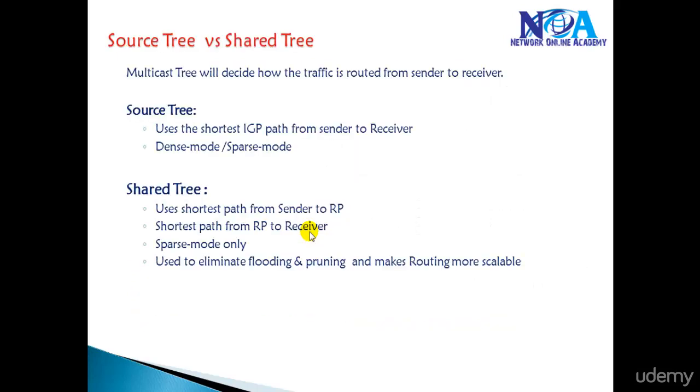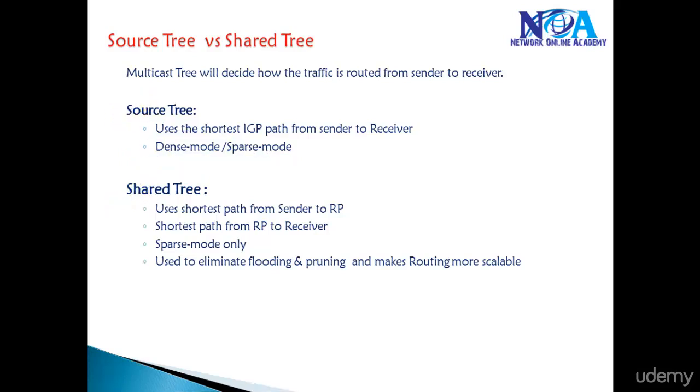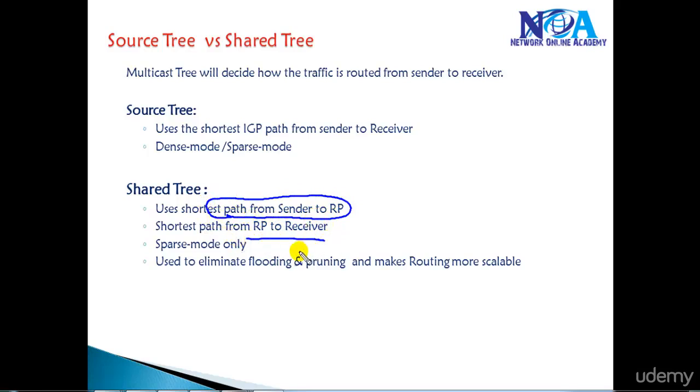The dense mode generally uses only the source tree, whereas the sparse mode uses the shared tree initially and later on the source tree. The major difference is that the shared tree is via the RP: the shortest path from sender to RP and from RP to the receiver.